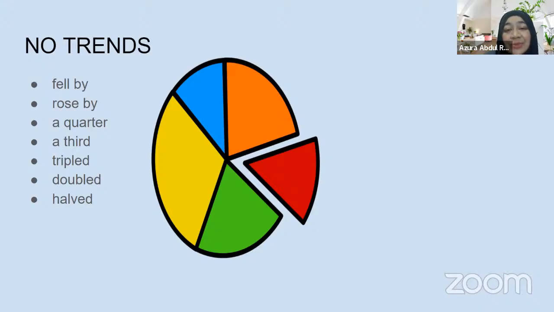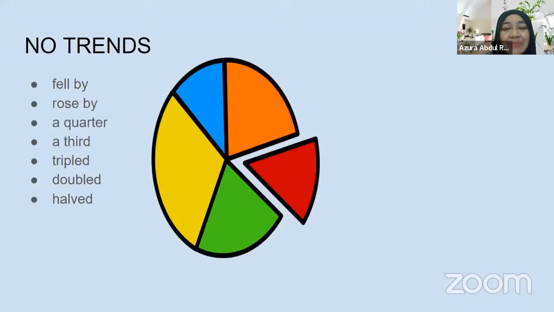I had an exercise with my students yesterday where we had a static graph. And static graphs can be quite tricky because you're so in tune with saying increased dramatically, it rose rapidly. But when it comes to a static graph, you cannot use that. You can say that it fell by a quarter, it rose by a third, that's about it.